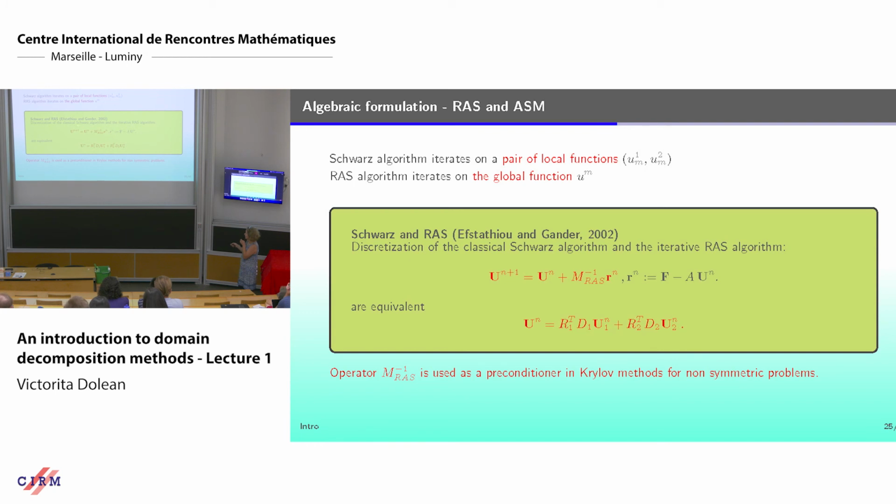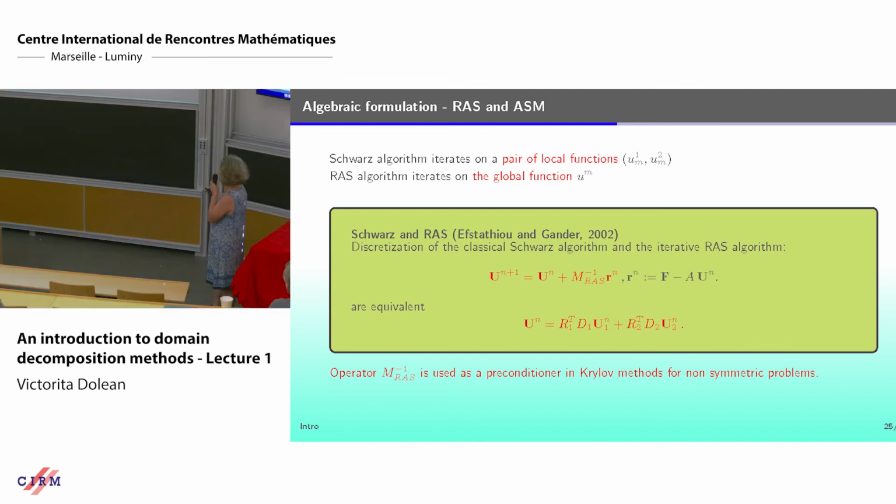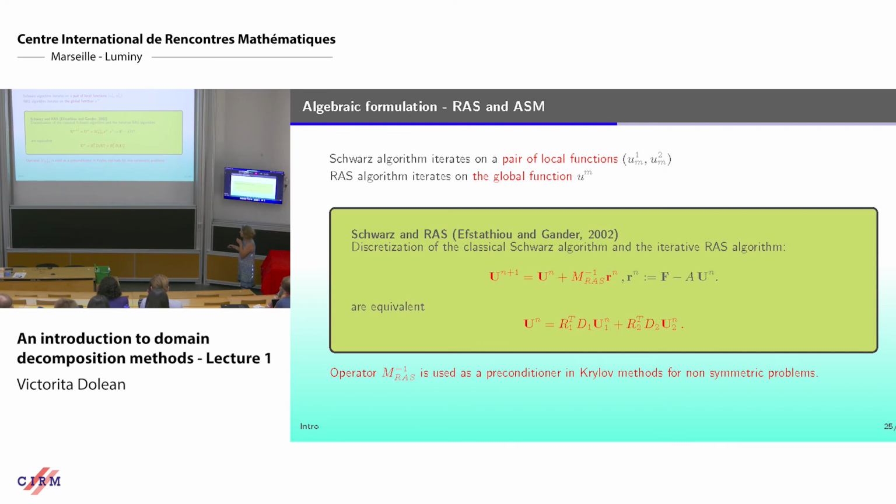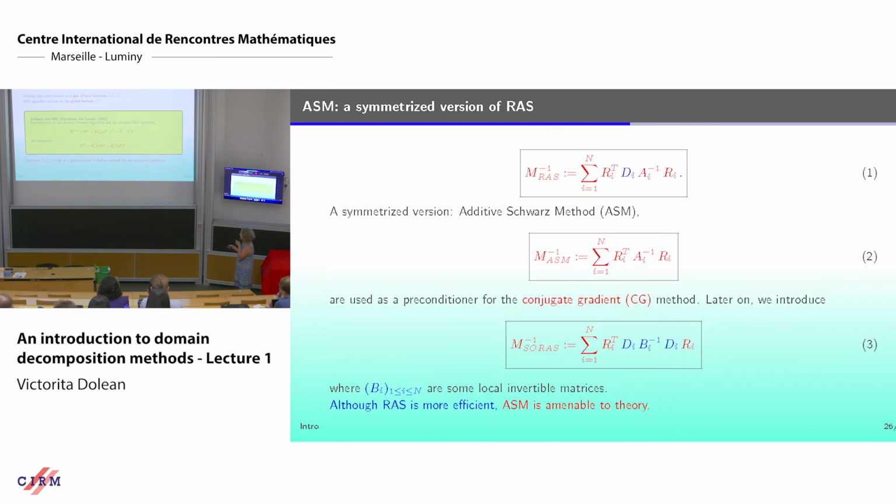It can be seen as a stationary iteration, like a block Jacobi algorithm in some sense, right? So u^{n+1} is equal to u^n plus M_RAS^{-1} applied to the global residual. Now the question is, what is this M_RAS^{-1} that appears there? It is exactly the expression that I showed you here: restriction operator, local solve, partition of unity, extension, right?